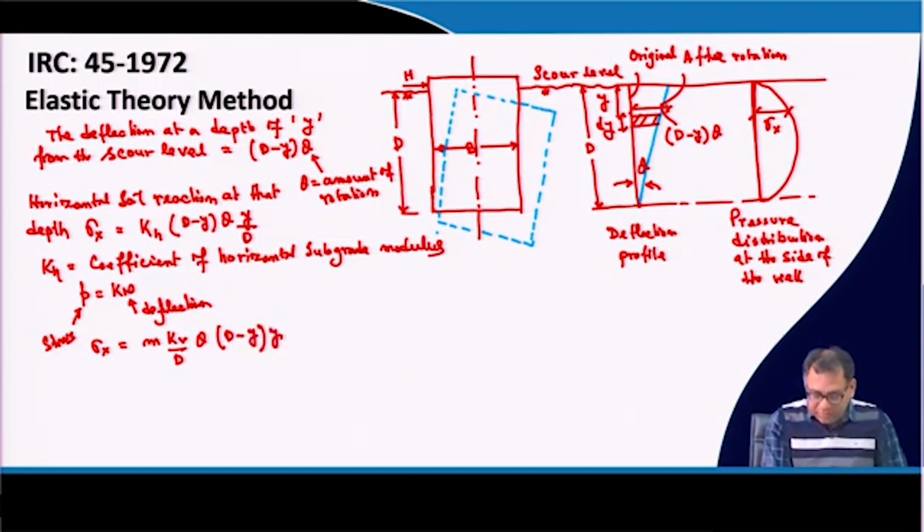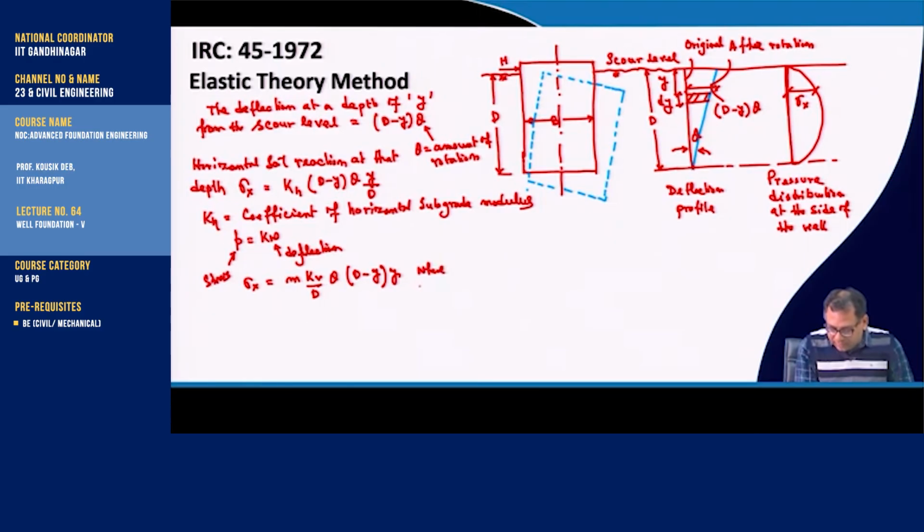So, (d minus y) into y, theta is there, d is here, kV and m, where m is equal to kh by kV, where kV is the vertical coefficient of subgrade reaction.